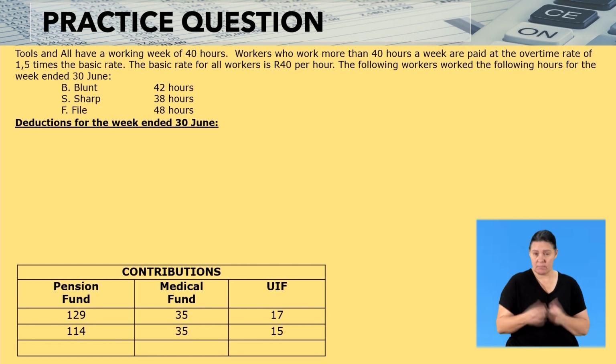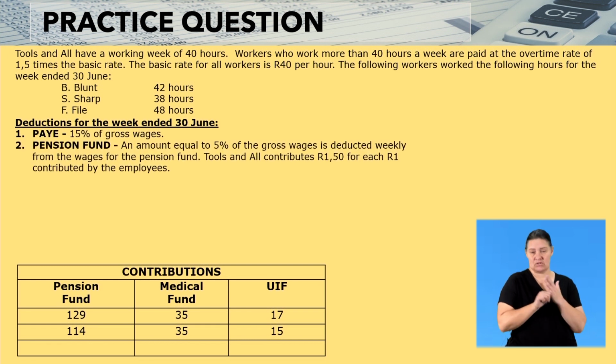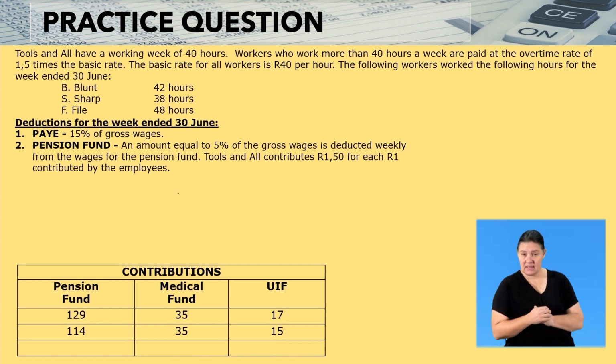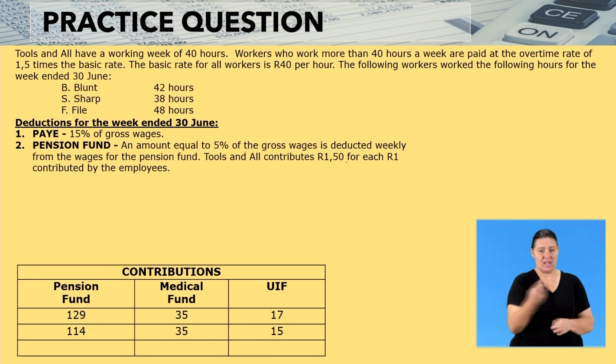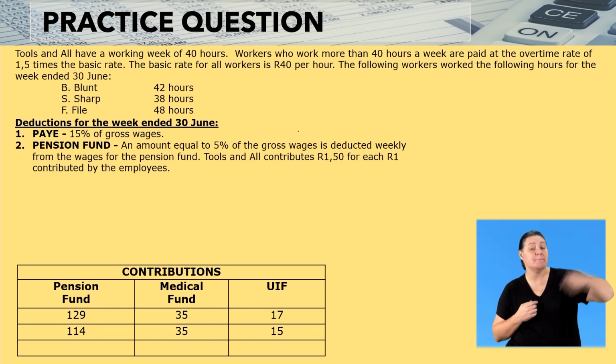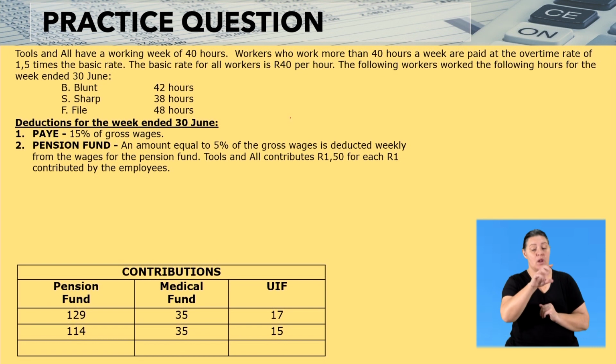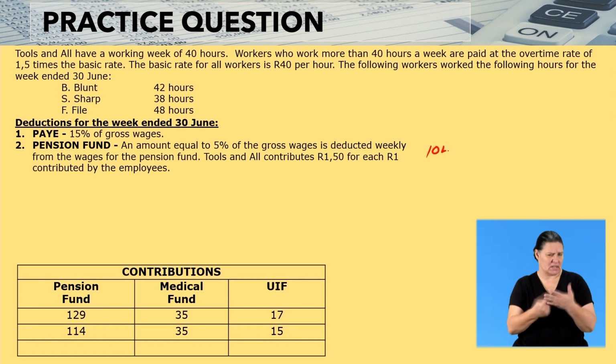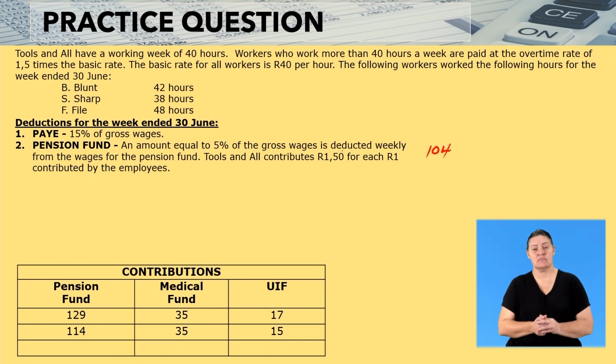The first part of the contributions has to do with pension fund. They say that Tools and All contributes 1.50 for every rand that is contributed by the employee. If you remember, the employee had contributed 104 as the pension fund deduction. And the company is now going to contribute 1.50 Rand for every 1 Rand contributed.